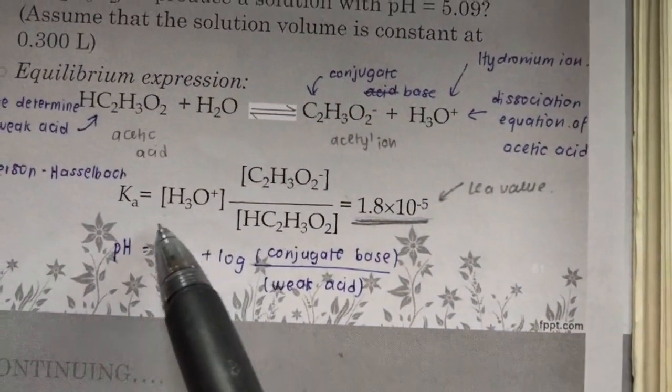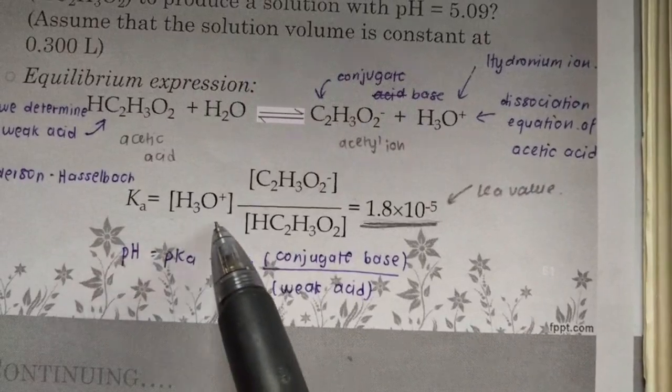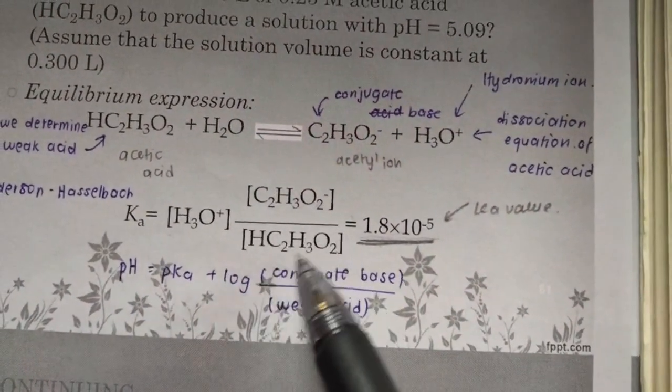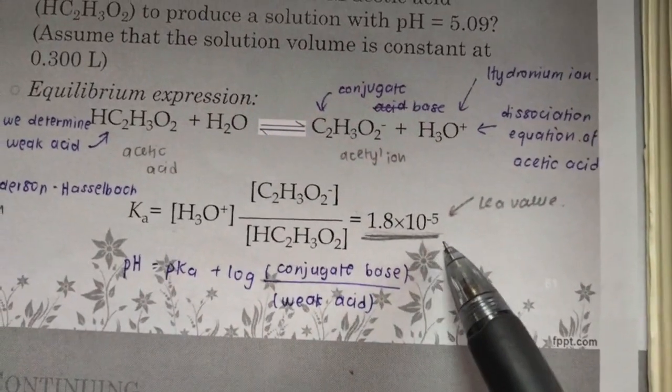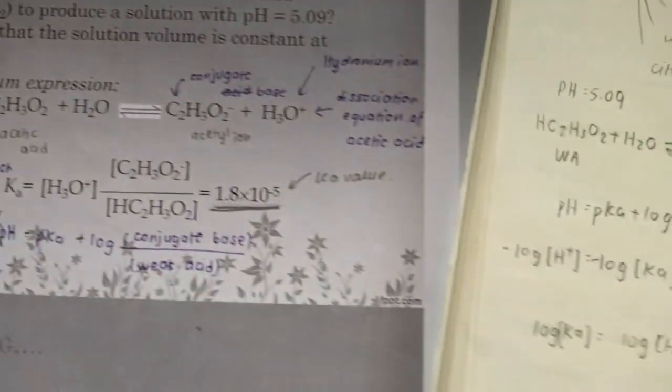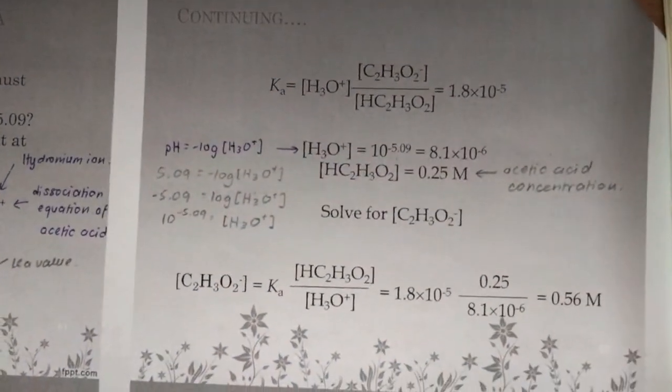Same goes like this: Ka equals hydronium ion times conjugate base over weak acid. The Ka value is 1.8 times 10 to the power of negative 5. Then we continue here.